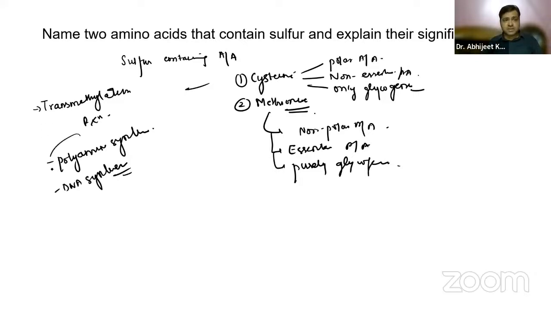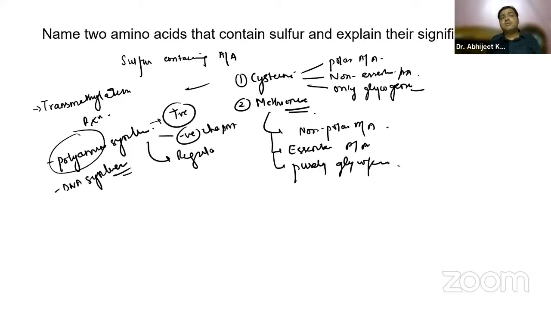When I say polyamines, they are organic compounds with more than one amino group. They are positively charged, they interact with negatively charged DNA, and they regulate gene expression. All these are the importance of these sulfur-containing amino acids. So that is something you have to remember.